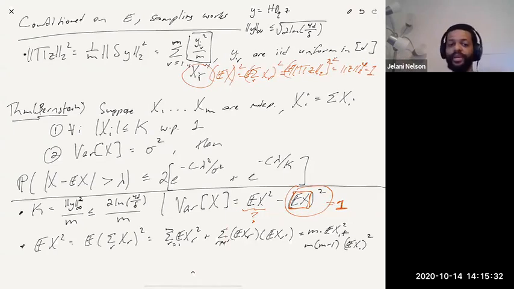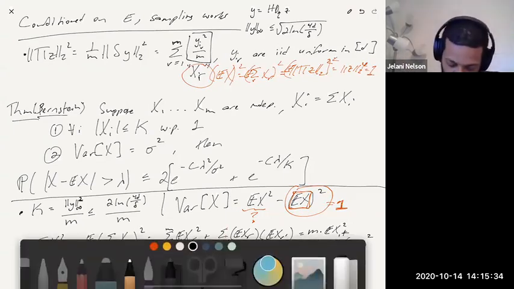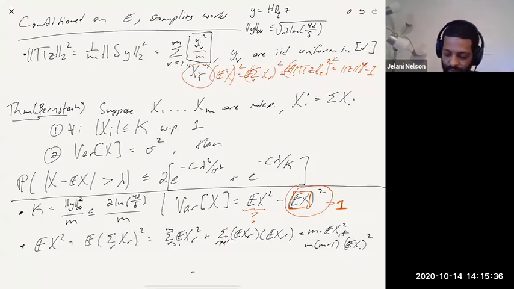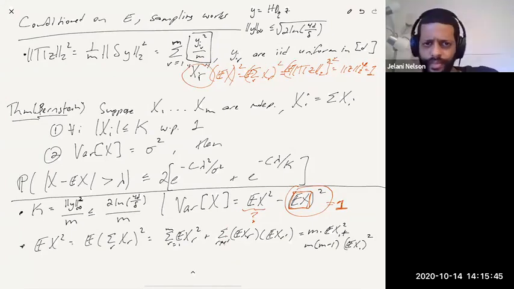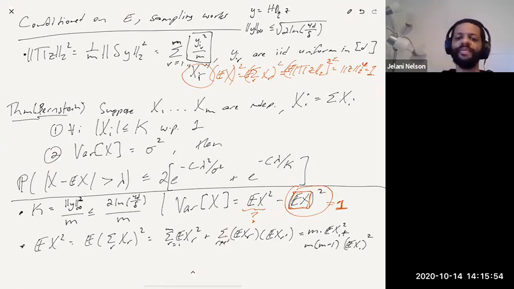So that's 1. Now what about the other terms that are still left? What is the expectation of x1? You're picking a random entry.